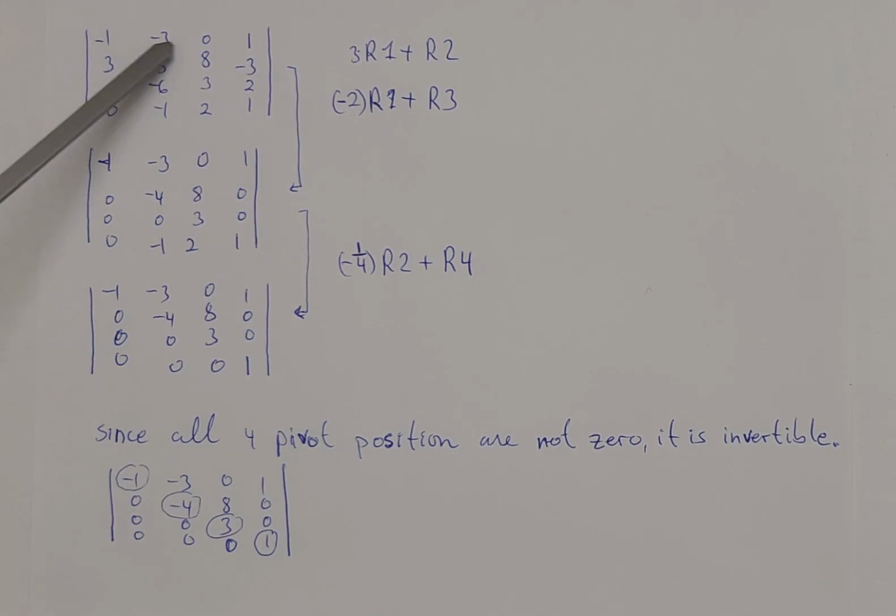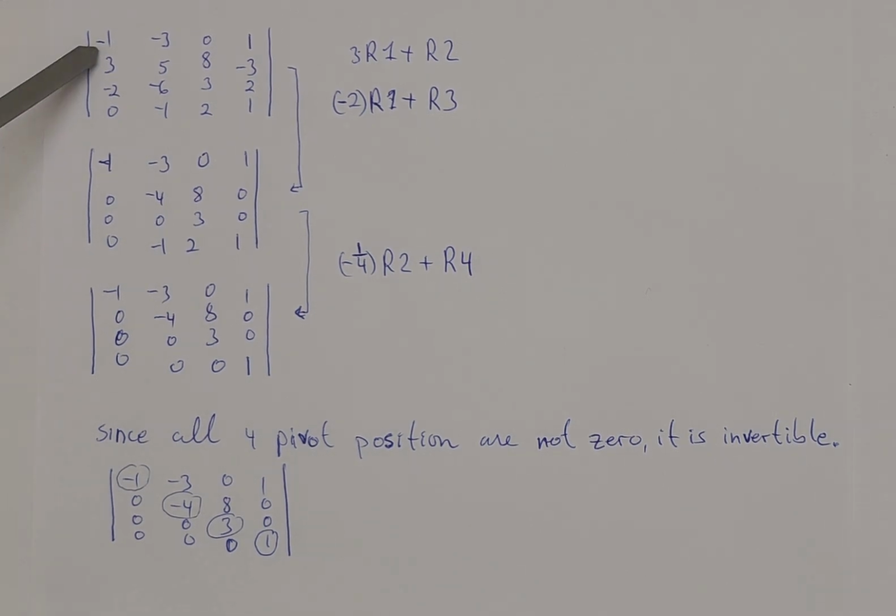So we will leave row 1 and row 4 alone. Row 4 alone because it's already a 0. Row 1, we'll leave it alone for now. Usually, this right here should be +1, not negative. But we are just checking to see if it's invertible or not, okay? So we'll leave that alone.